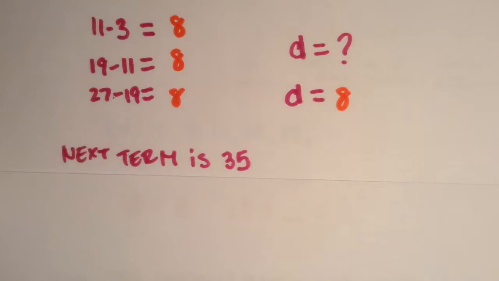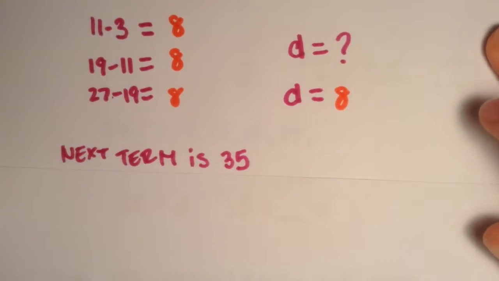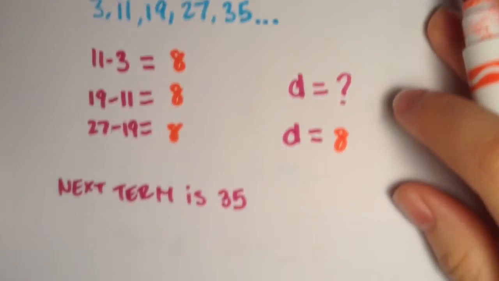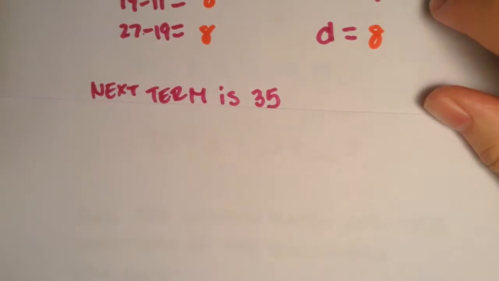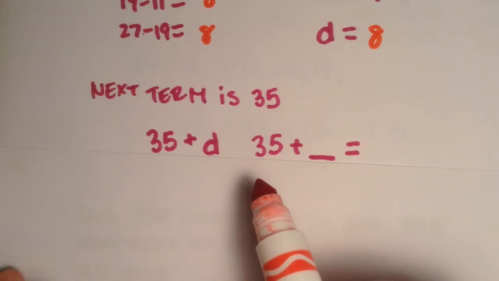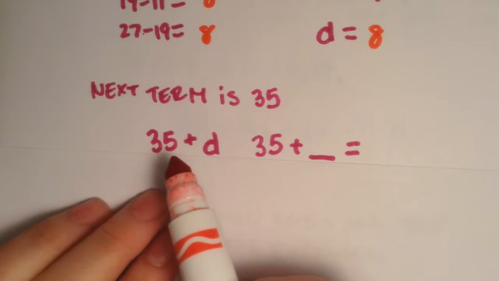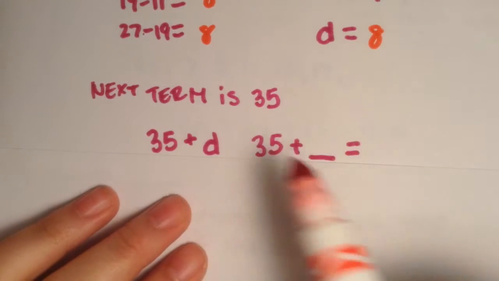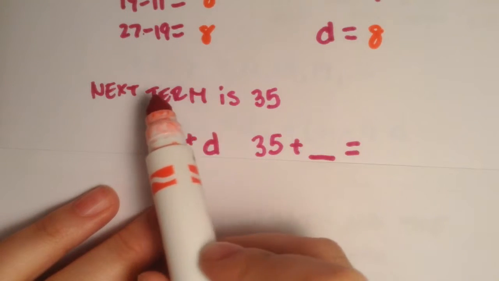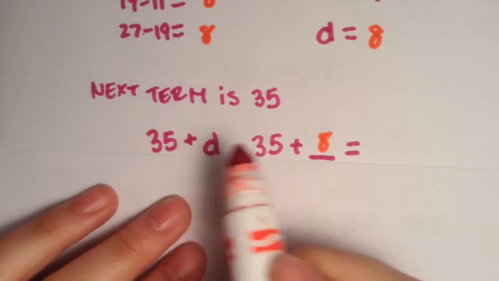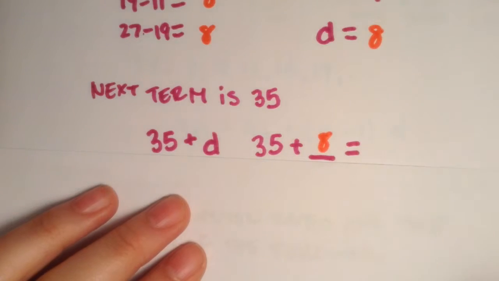Since we're looking for the next term of this sequence, the last term is 35, and we would find the next term from 35. To do that, we have 35 plus the difference, 8, and we can get the next term in the sequence.